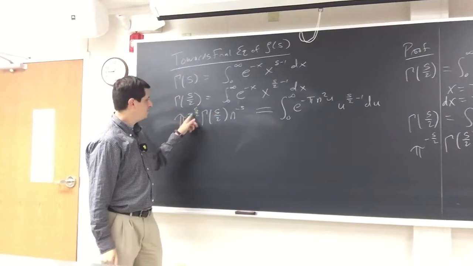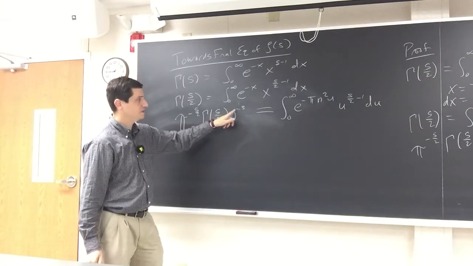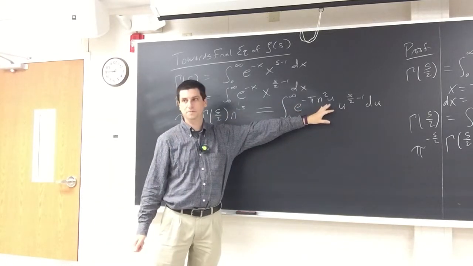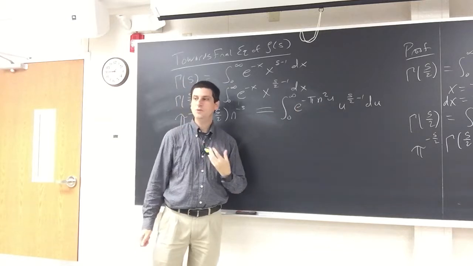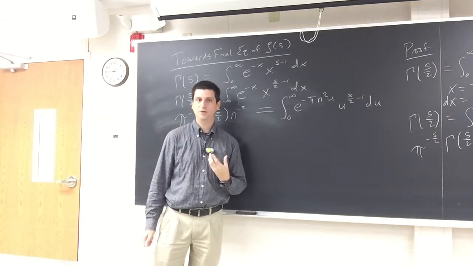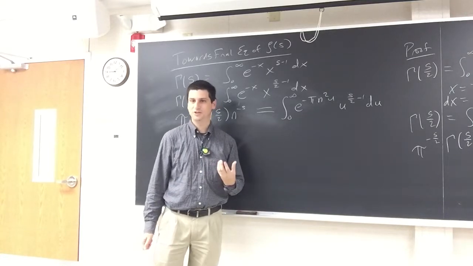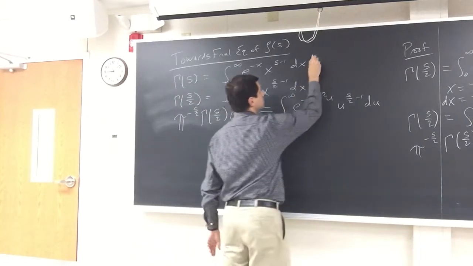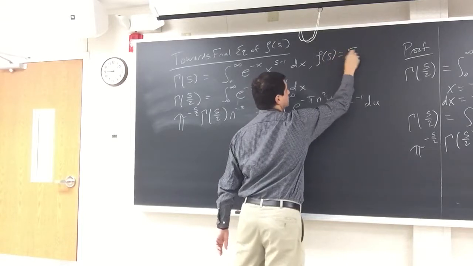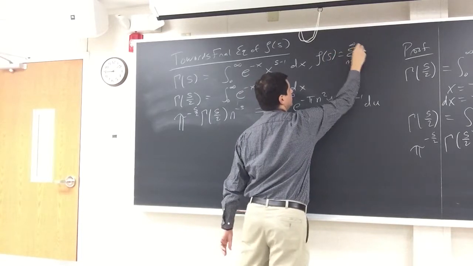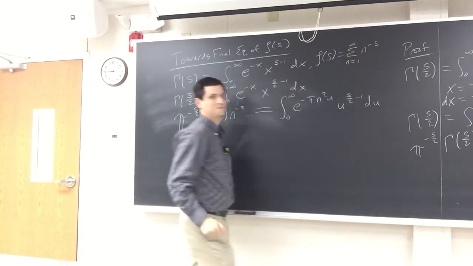So pi to the minus s halves, gamma s halves n to the minus s equals this integral. What function am I trying to get? What function do I want to emerge? I want the Riemann zeta function. All right? Zeta of s is the sum, n goes from 1 to infinity, of n to the minus s.